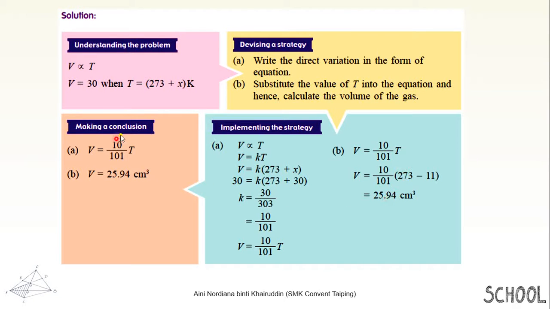So this is the conclusion. For A, V equals 10 over 101 T. And for the volume, 25.94 cm cube.